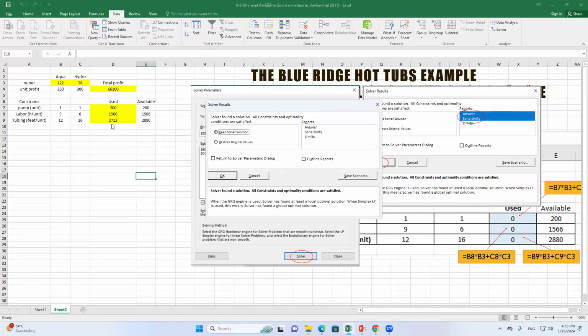But the shipping we only use 2,700. The size is not used, it's about 80, and about 100, a little bit. This is your answer. And also you can show the answer or sensitivity limit for that.